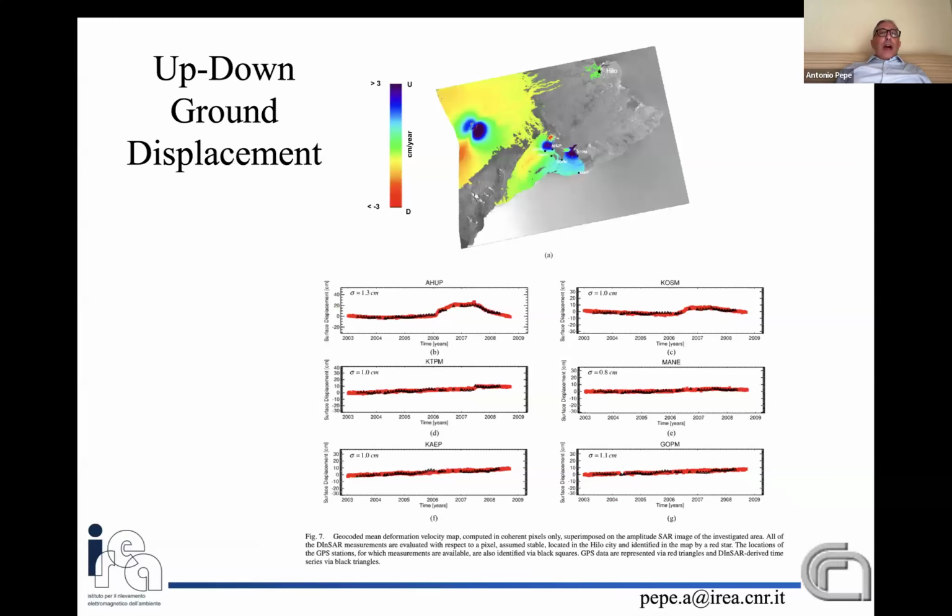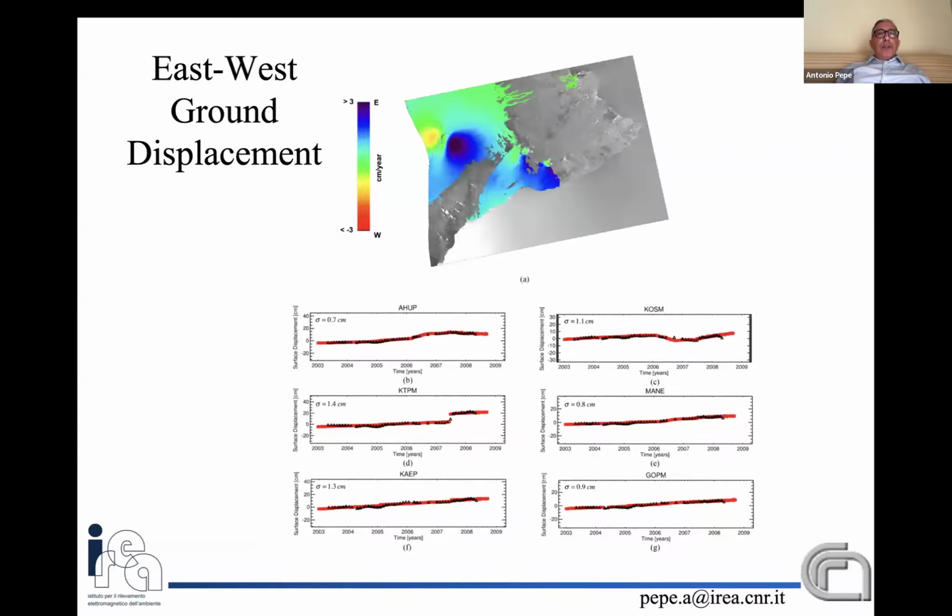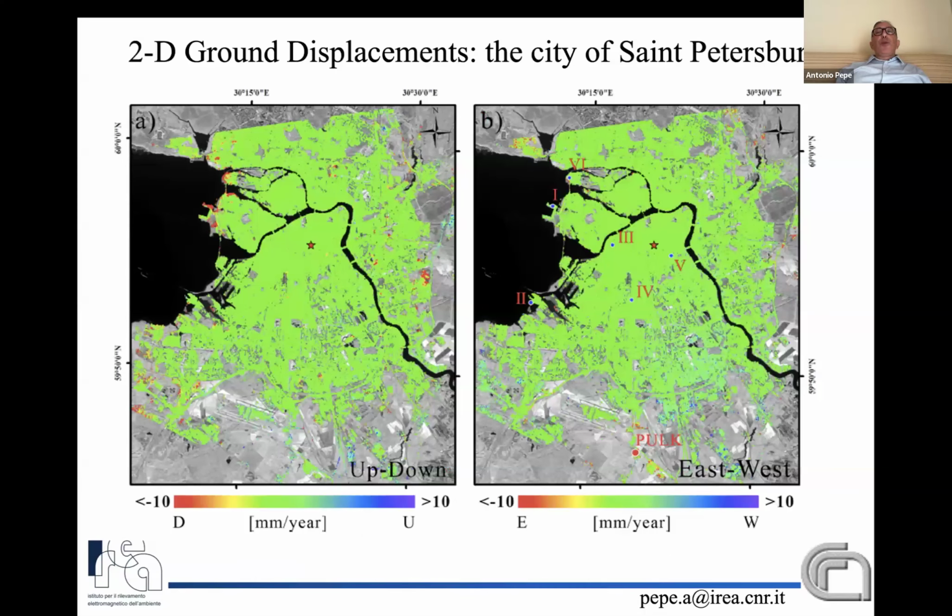The same was done for other test sites like the area of Hawaii. This is the up-down and this is the east-west. It was applied to the area of St. Petersburg. Of course, during the last 10 years, some additional improvements have been applied, mostly related to the statistical information, but boring stuff.